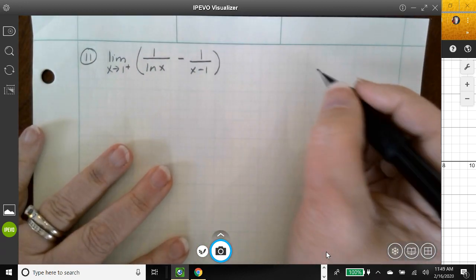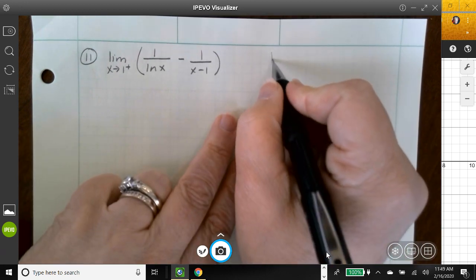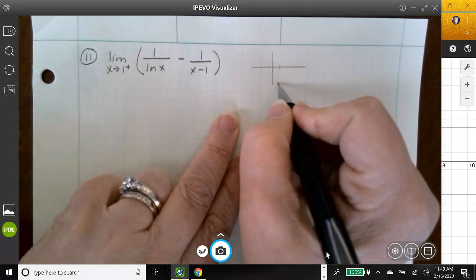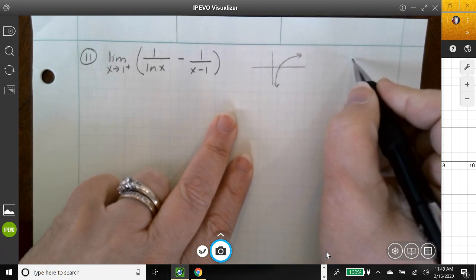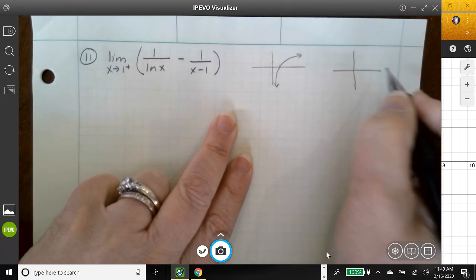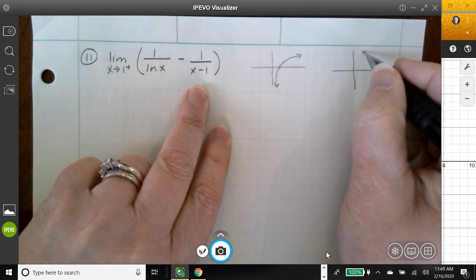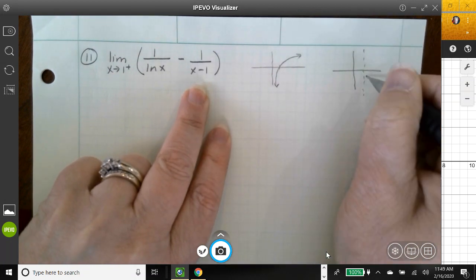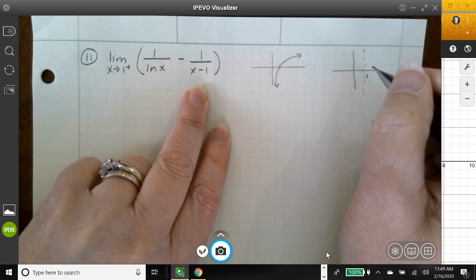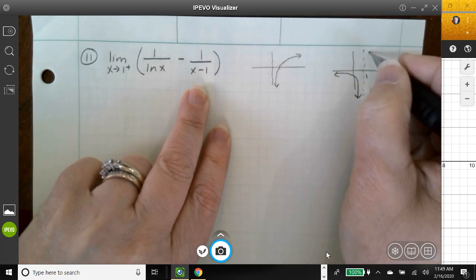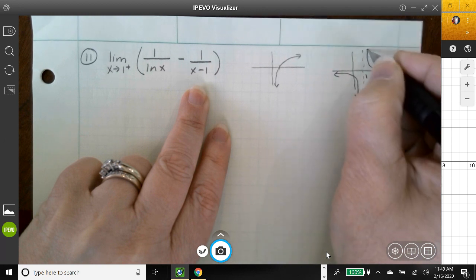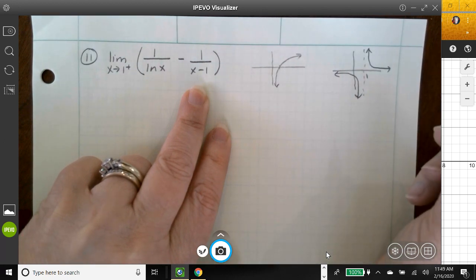All right. So remembering what the natural log graph looks like, it looks like this. And the curve 1 over x minus 1, that's got an asymptote at 1. And it's just the 1 over x function, right? Shifted to the right by 1.